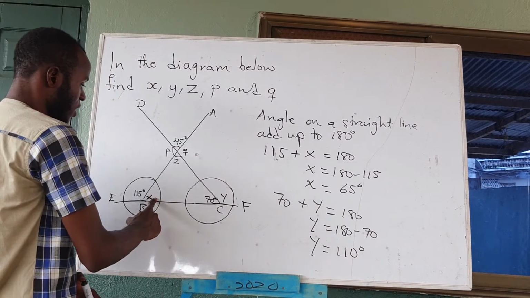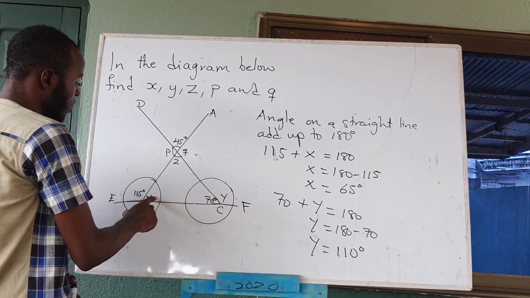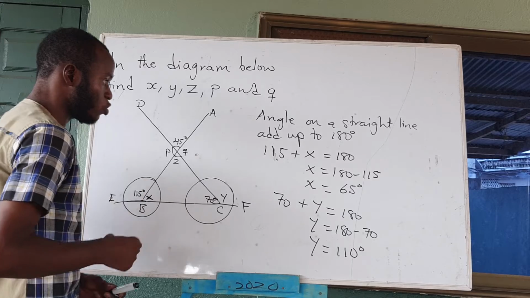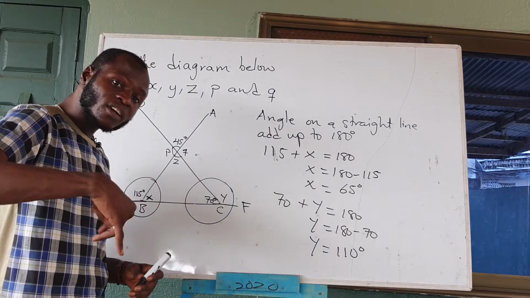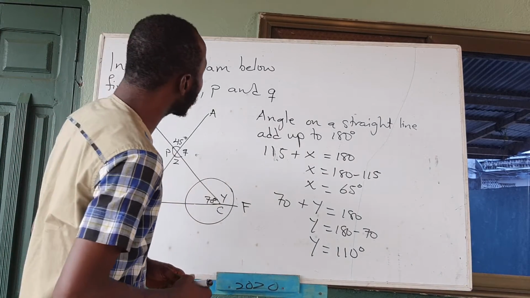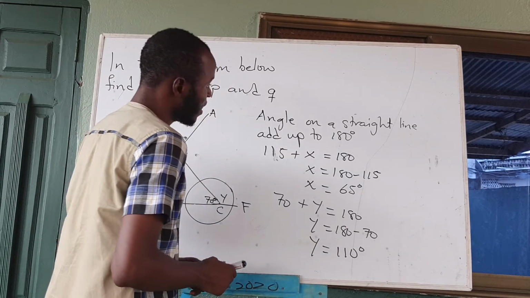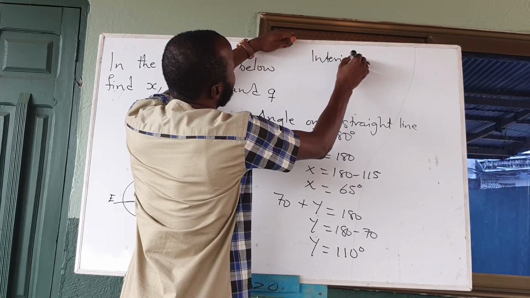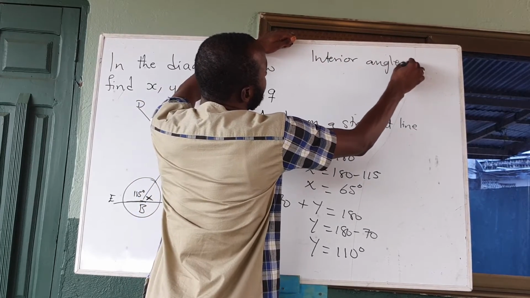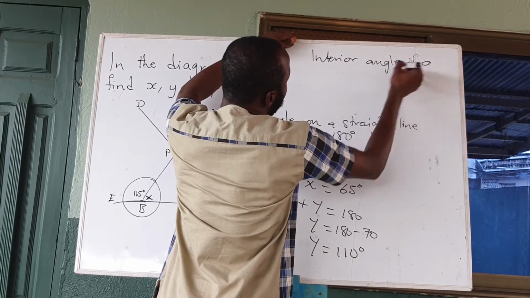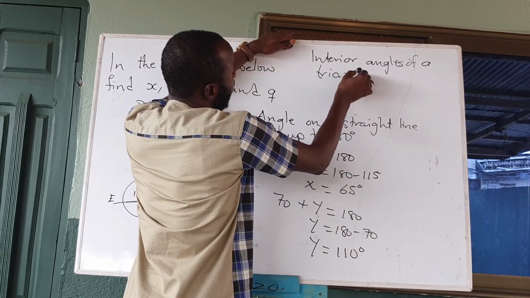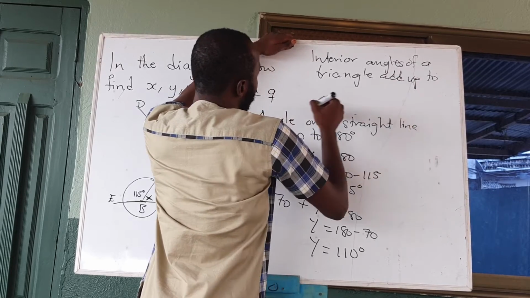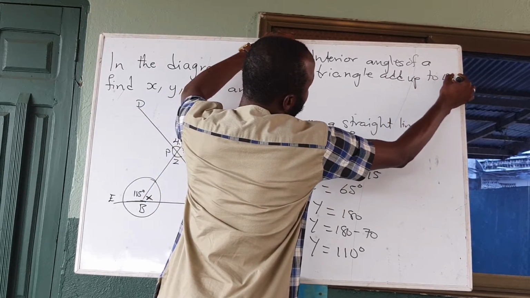Since we have x here and y here, we could use x and this angle 70 here to find z. That one has to do with the interior angles of a triangle. The interior angles of a triangle add up to 180 degrees.